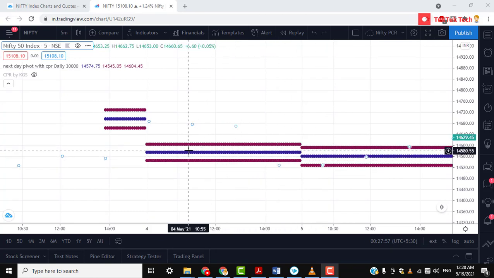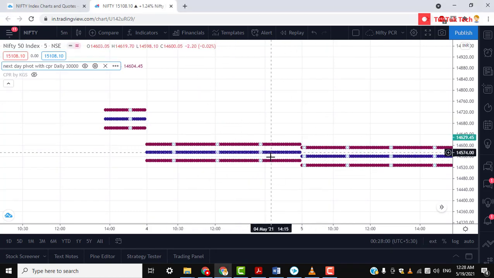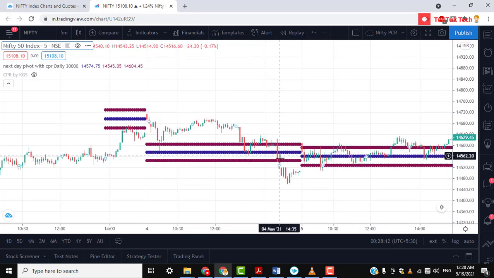With the magnet trade, the pivot range becomes the target, as any of the 3 lines can be used as your exit.